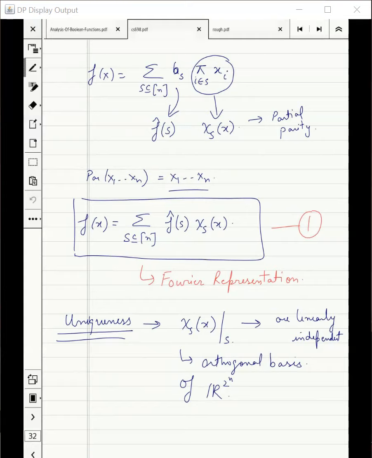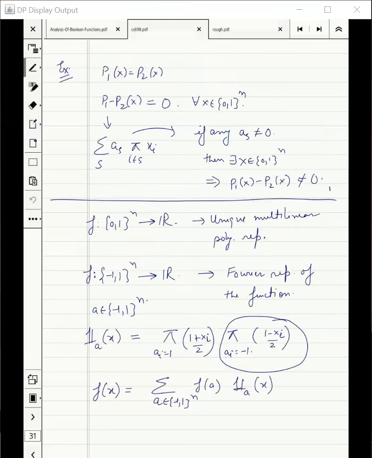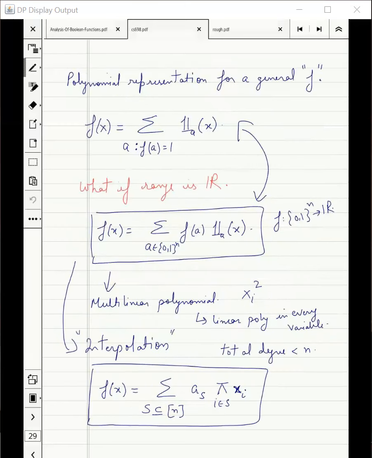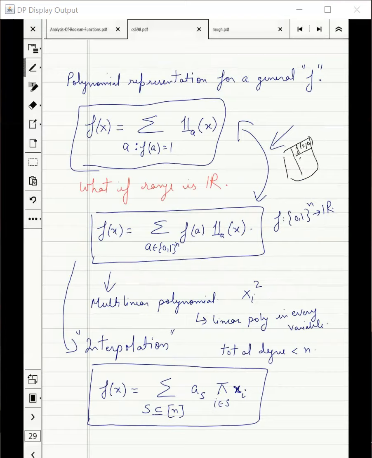Can you go one page back? Look at this here, this arrow. This was something whose range was 0, 1, right? But if the range is real, what do I mean by range is real? I have f 0, 0, f 0, 1, f 1, 0, f 1, 1.